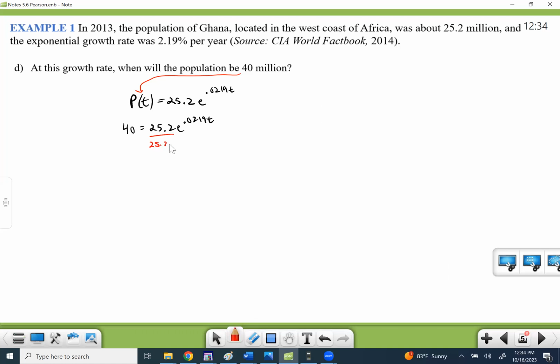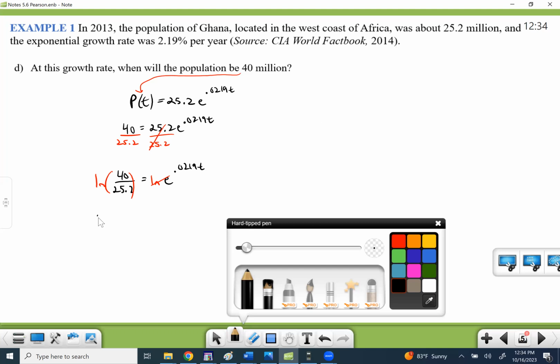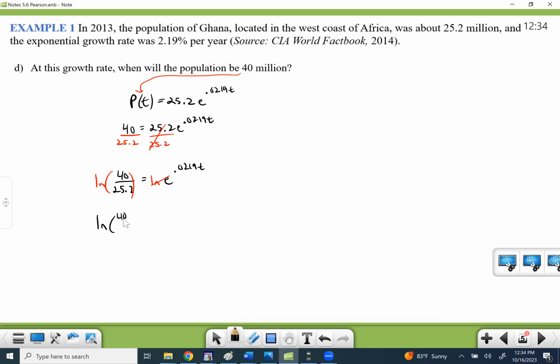The same math we did last time, guys. Now I'm just going to leave this, because I don't want to round any answers along the way. Then we'll take the natural log of this whole thing, and again just keep it like so.